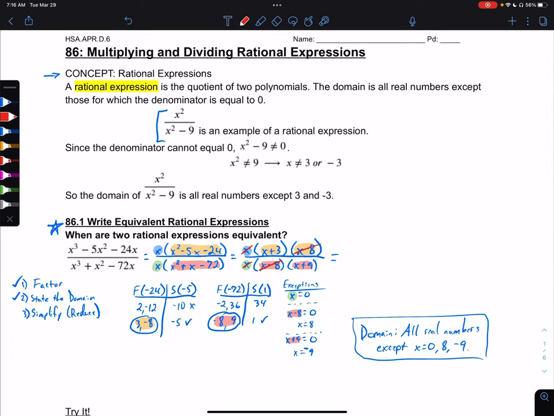The groups need to be exactly the same, so make sure they pair up. All we are left with in the numerator is x plus 3. I like to keep it in parentheses to remind myself that that's a group. And in the denominator, we have x plus 9. That would be our final equivalent expression or simplified expression. And we would just box that in.